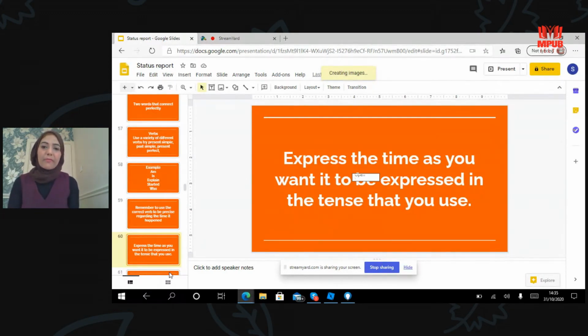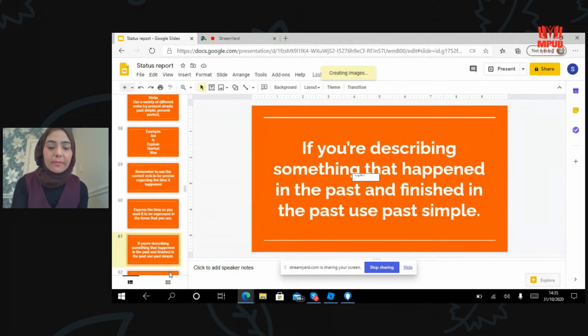So if you're expressing something happened in the past, you don't want to use a verb of the present, because that just won't sound right and it doesn't go together. If you're describing something that happened in the past and finished in the past, then the best tense to use is past simple, because it's happened in the past and it's finished in the past.